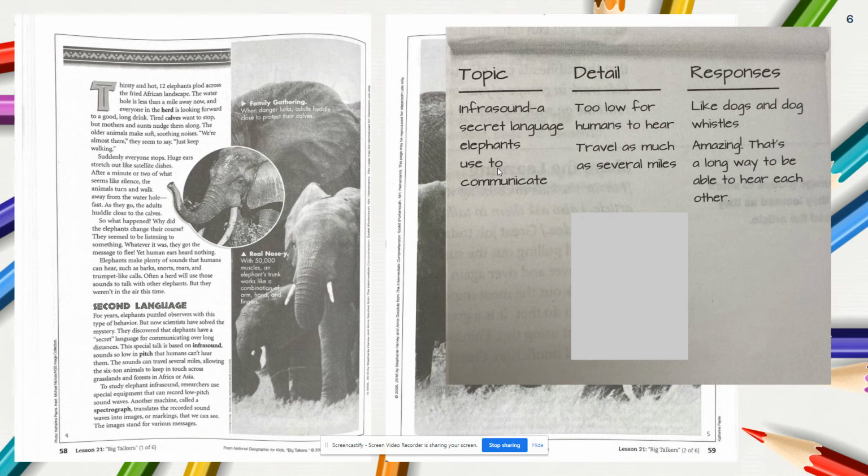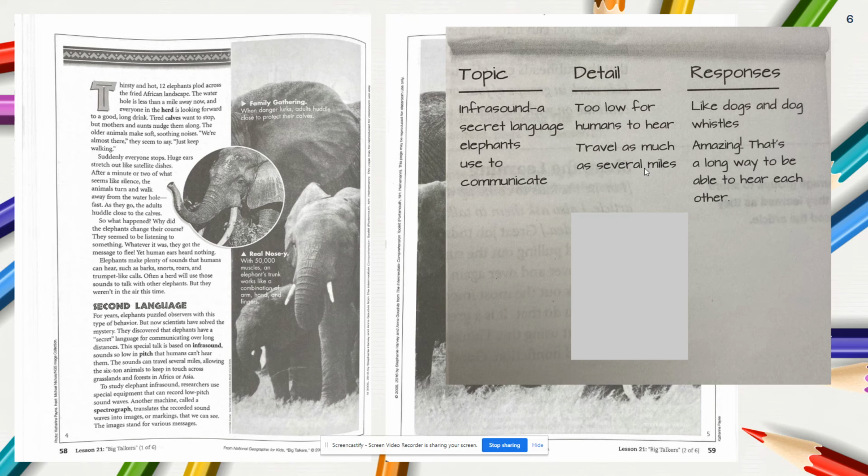There's an intriguing detail that relates to the secret infrasound language. Infrasound travels as far as several miles. Whoa, that's a long way. I'm going to jot that down in the detail column here. Travel as much as several miles. It isn't a huge idea, but rather a detail that relates to the bigger idea or the topic.